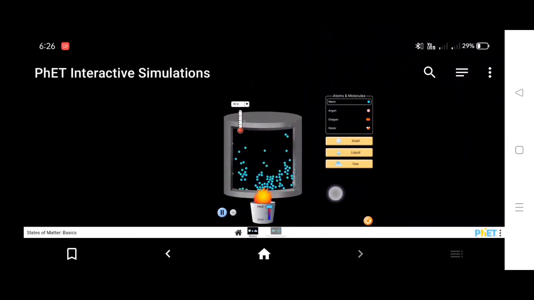Okay, kung mapapansin natin, kung pinainitan siya, nag-expand yung particles ng solid. Try naman natin sa liquid. So, kung mapapansin ulit natin, mas mabilis na nag-expand yung particles ng liquid compare kay solid. At how about naman ang gas?